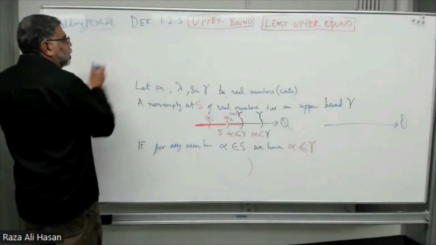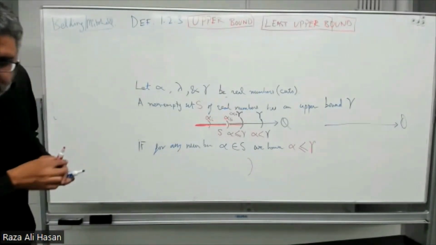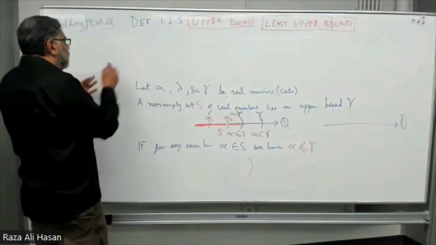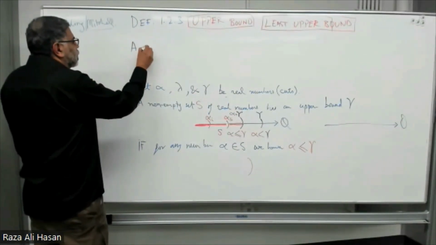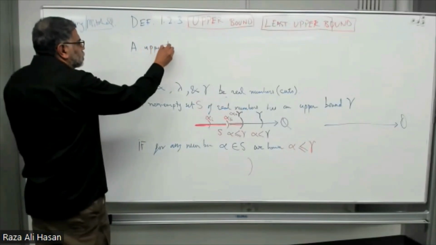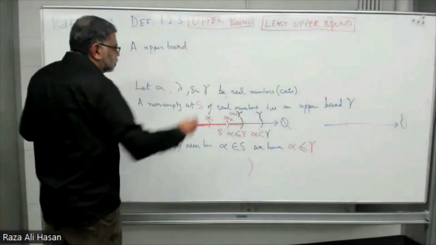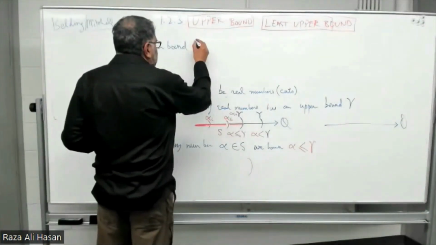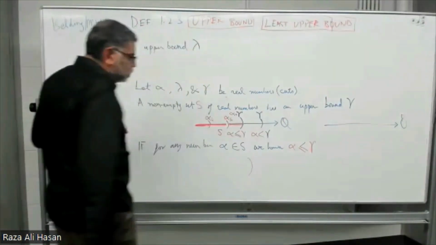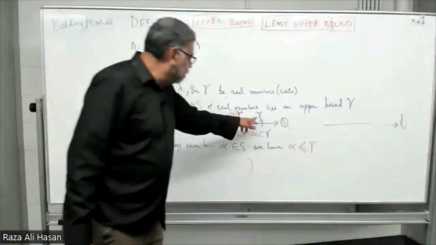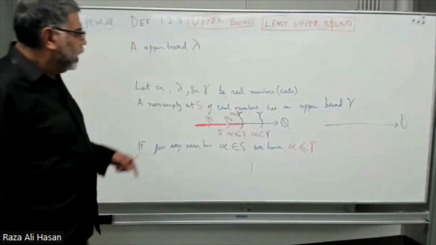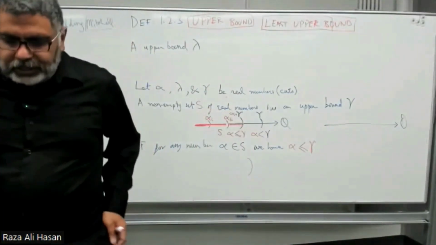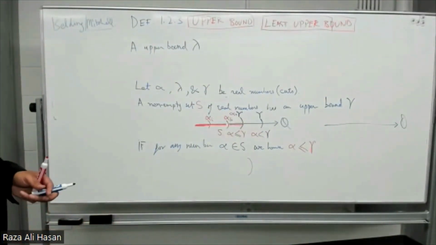Upper bound. So now we're doing the least upper bound definition. So an upper bound lambda, that's when lambda shows up. See, they were using gammas here, right? Yep. Whenever they talk about LUBs, least upper bound, they use gamma.